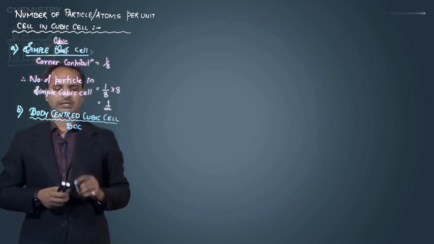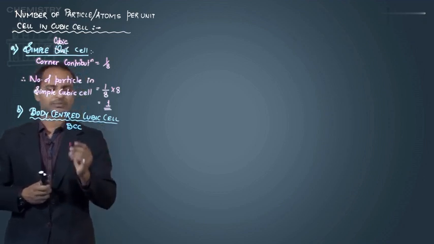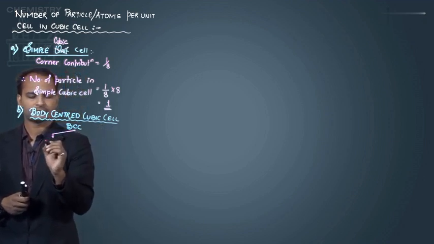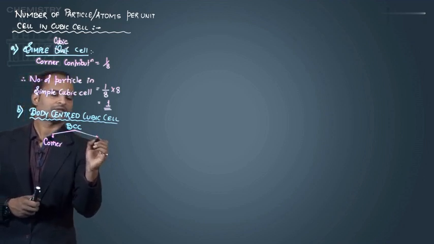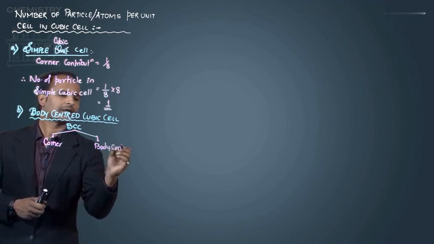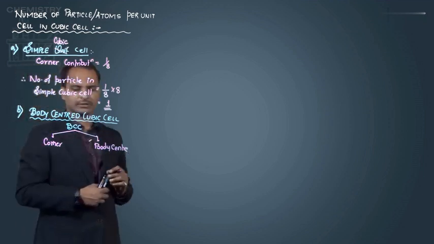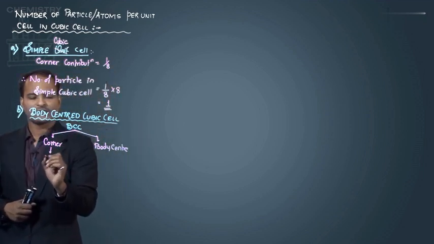In the case of BCC, the particles are present on the corners and at the center of the body, that is at the body center. So the particles are present at the corners and body center. From the corners, again like a simple cubic cell, we will get 1/8 part.